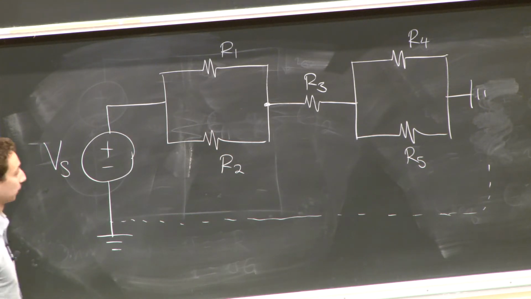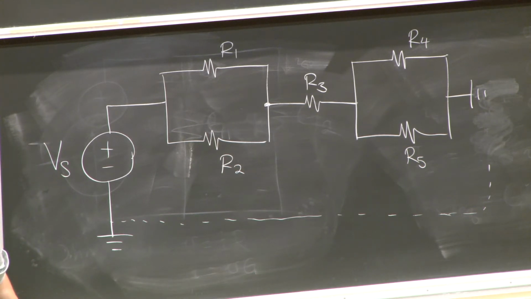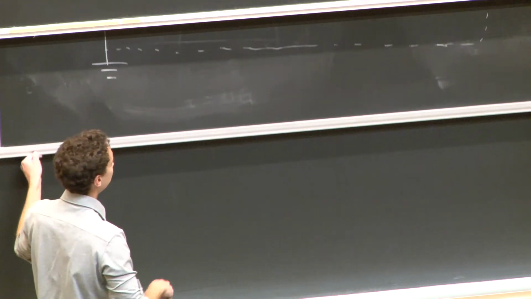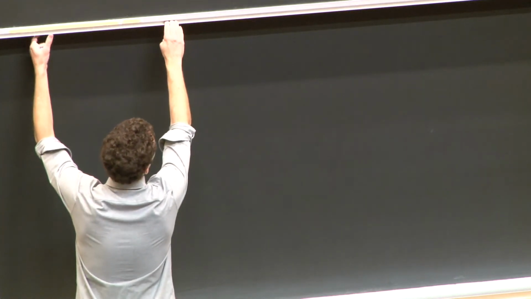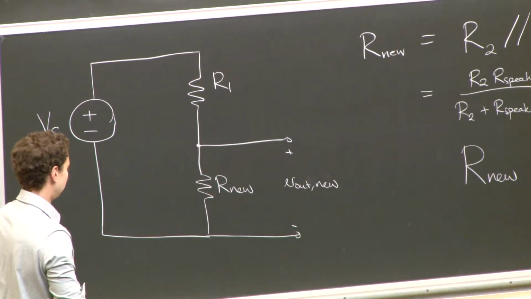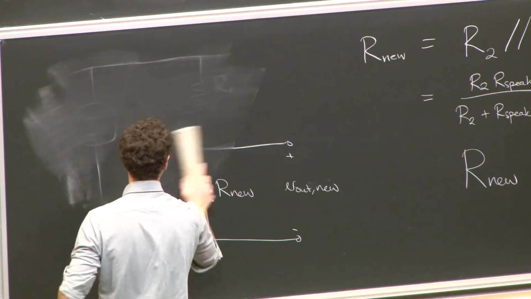Cool, so now let's solve this circuit. Anyone have an idea of how we're going to do this? Where do we even start? Yeah, let's do that. First, let's find the equivalent resistance for the parallel resistors, and redraw our circuit.